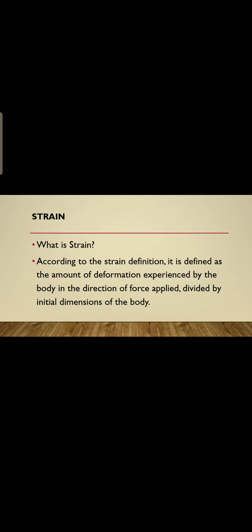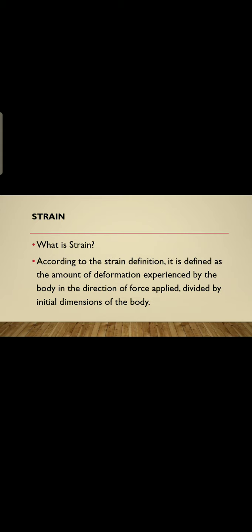What is strain? According to the definition, strain is defined as the amount of deformation experienced by a body in the direction of force applied divided by the initial dimension of the body.